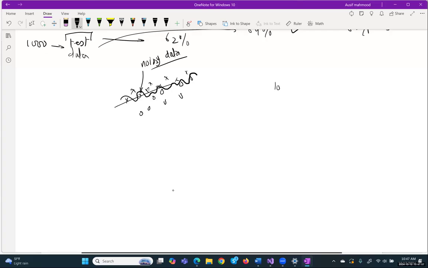Even if we draw something straight and this O over here is wrongly classified during training, that's okay. We know that in the test case, as we do it on the test data, it will do a good job.